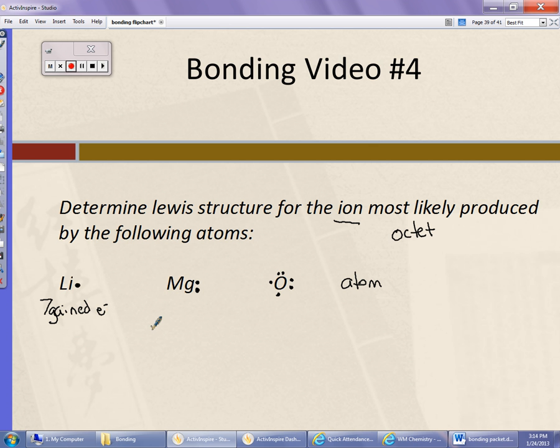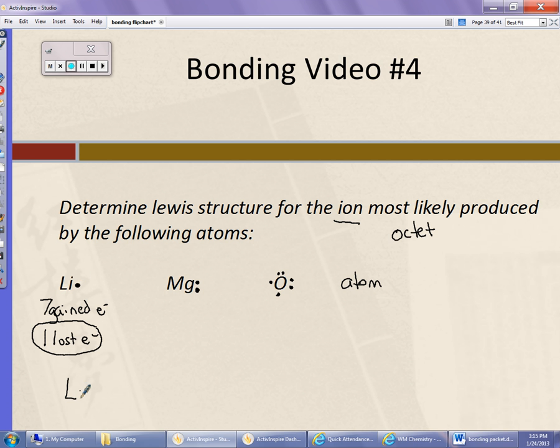The other option, though, is to lose the electrons on the outside energy level and have a new outside energy level. So we could lose that one electron. Between the two, it is easier to lose 1 than to gain 7. The number is smaller.